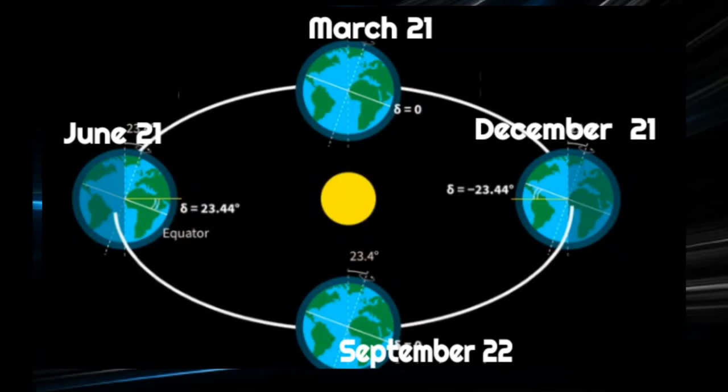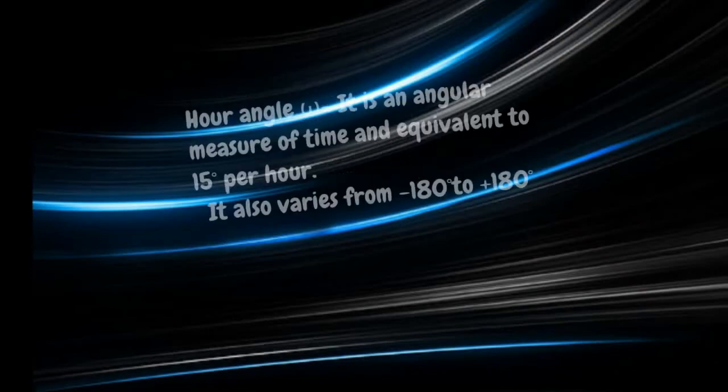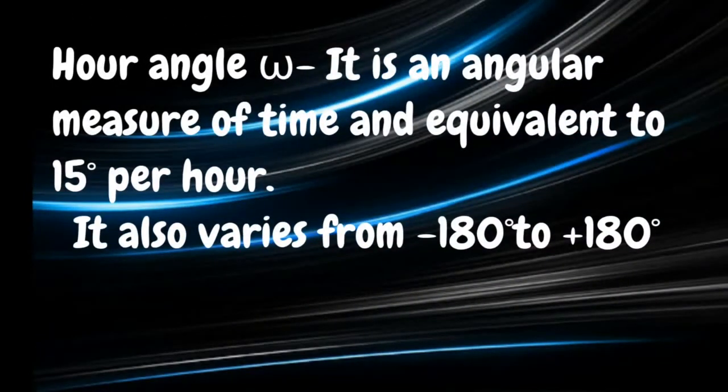Now we will move to the next term, the hour angle omega. Its notation is omega. So what is its definition? It is an angular measure of time, equivalent to 15 degrees per hour. It also varies from minus 180 degrees to plus 180 degrees.